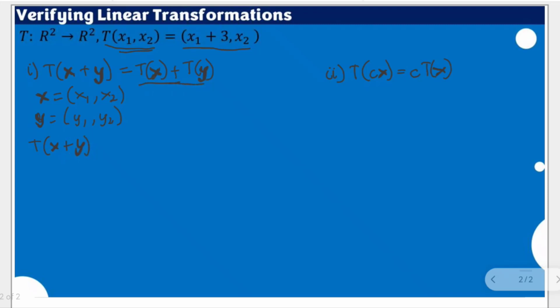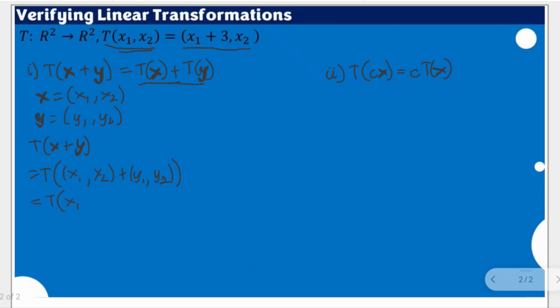Okay, the sum. So we are going to use the transformation of the vectors first. X sub 1, x sub 2 plus y sub 1, y sub 2. This is because we are still on vectors. Before we could use the transformation, let's add the vectors.